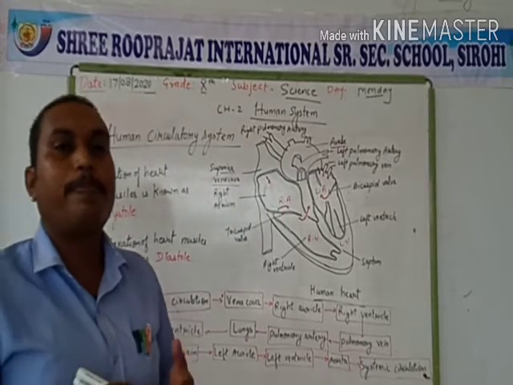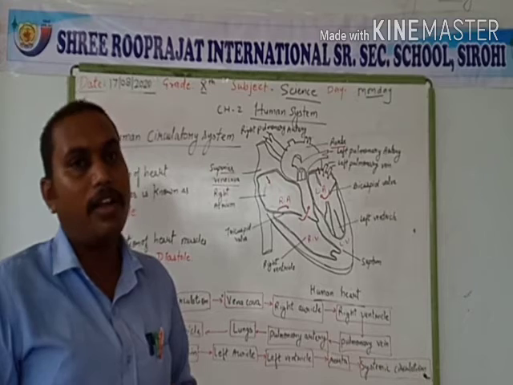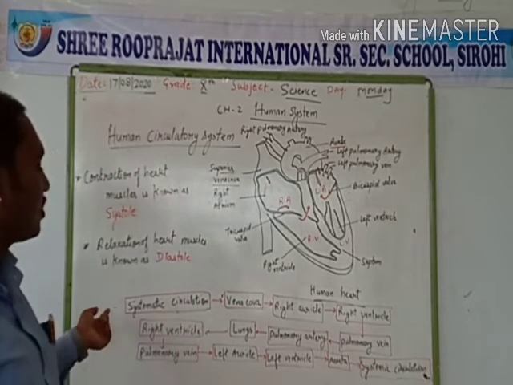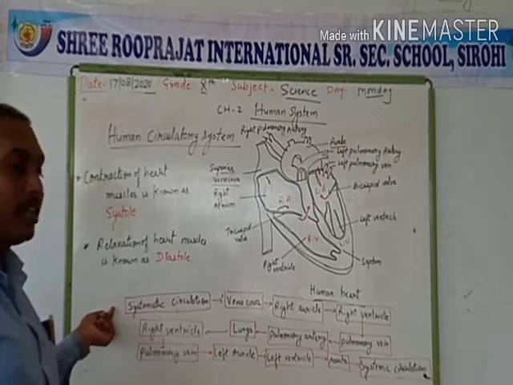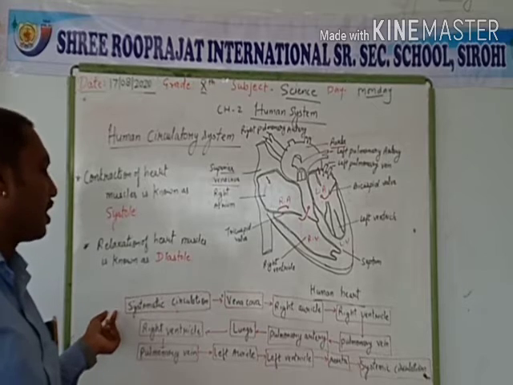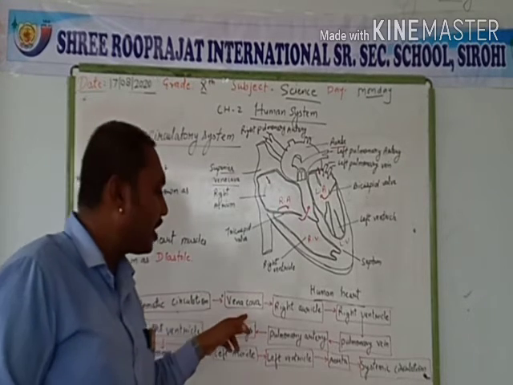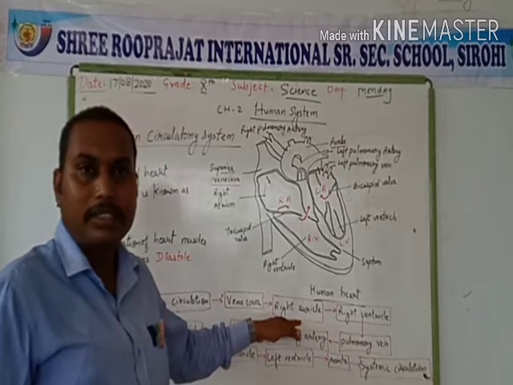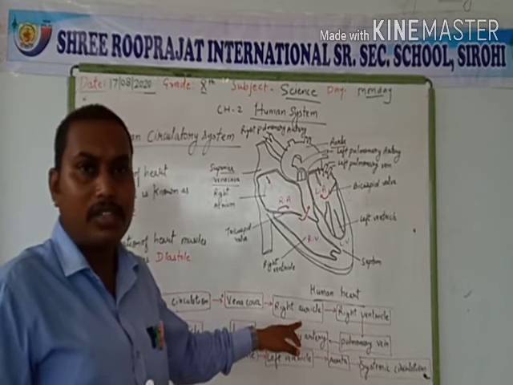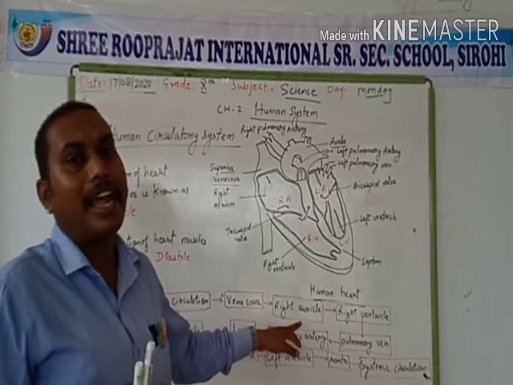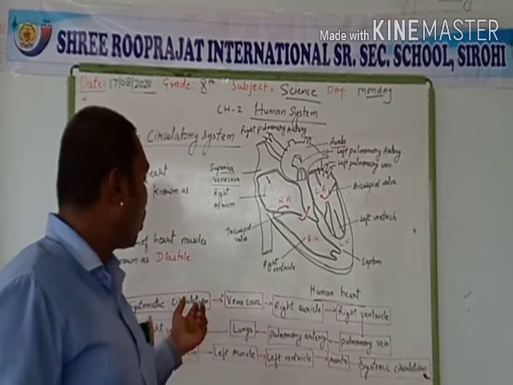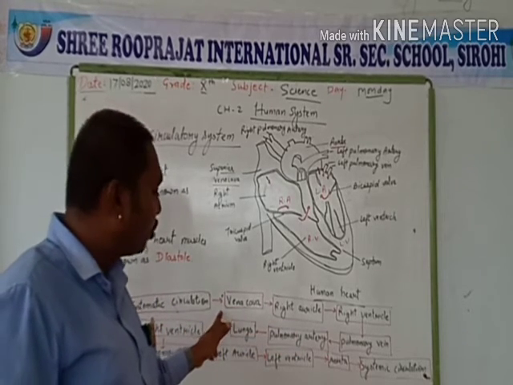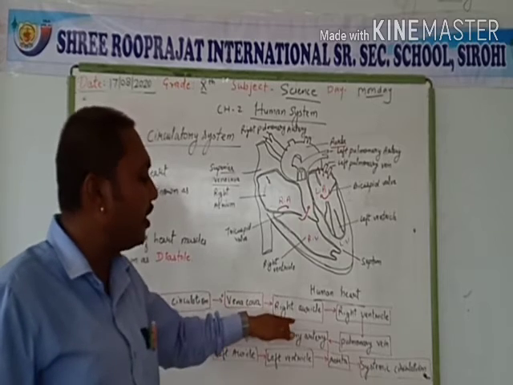Now, the pathway of the transfer of blood from the heart. First of all, the systemic circulation. From the systemic circulation, the impure blood goes through the vena cava into the right auricle. When the auricle region relaxes, it expands, and as it expands, the blood from the body parts goes through the vena cava into the right auricle.